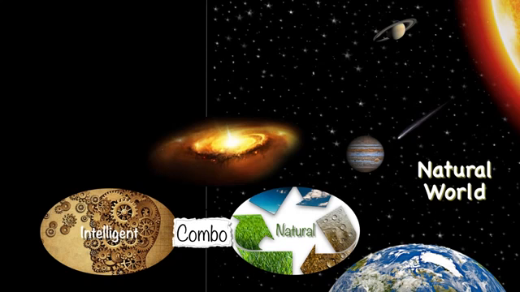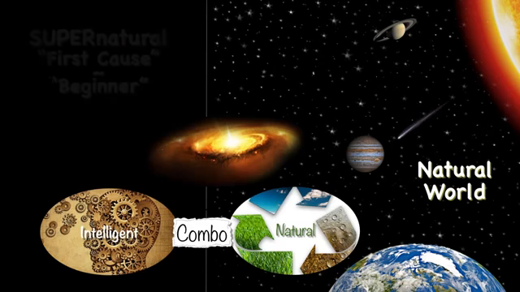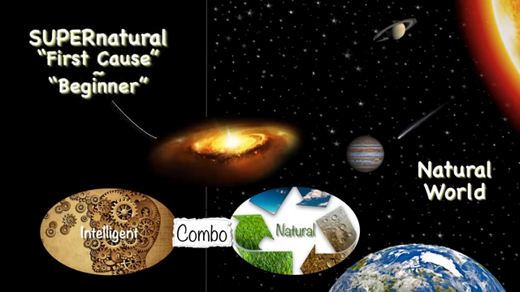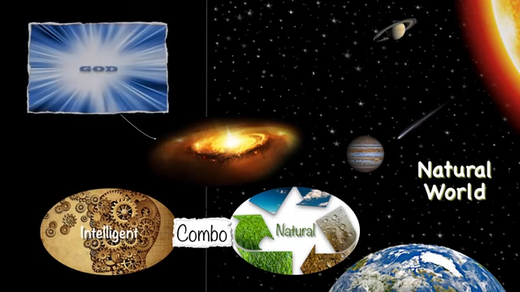For as they consider the Big Bang evidence, they will come to the conclusion that the evidence best points to a supernatural first cause, beginner of the universe. And as they investigate further, they discover that this intelligent being has the characteristics of those matching the God of the Bible.